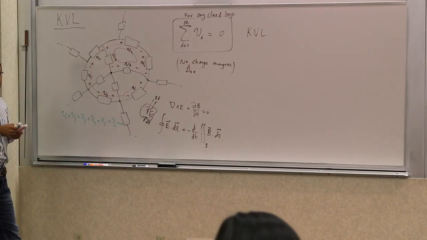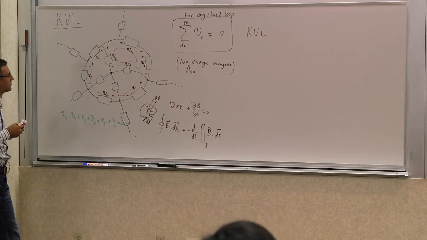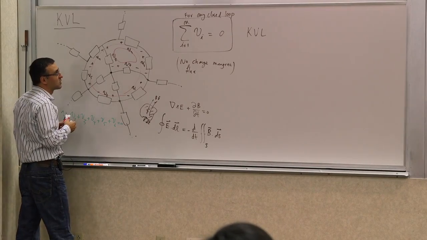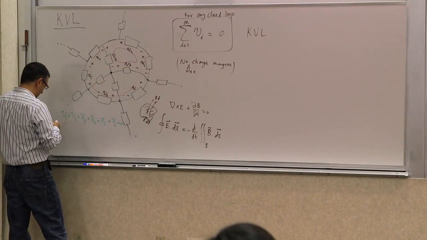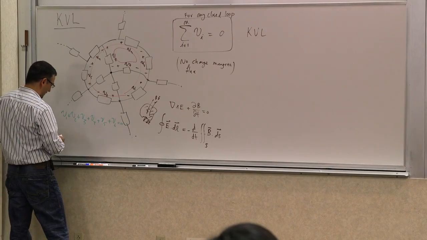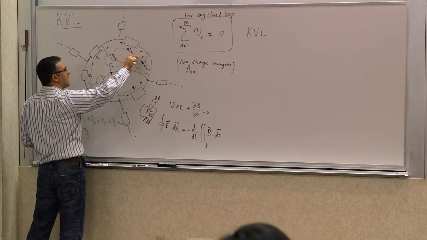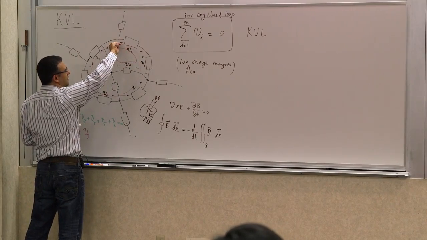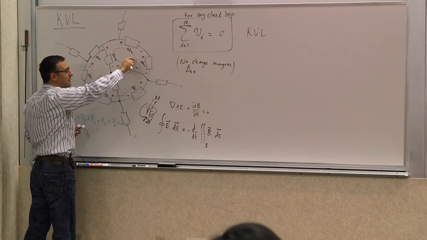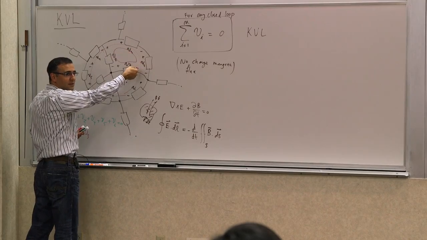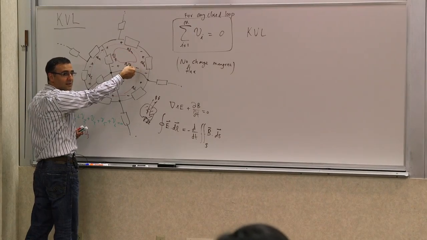How should I write KVL in that loop? So I can write V2 plus V3, for example. So if I start from here, let's say I can go in this direction, say V3 plus V2. But then now here, I'm entering into the negative terminal. So what should I write?